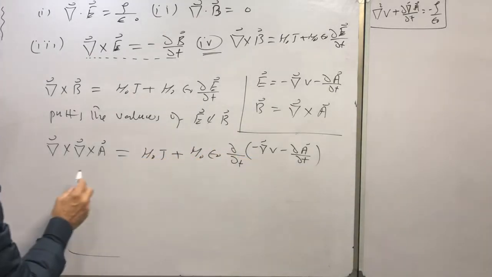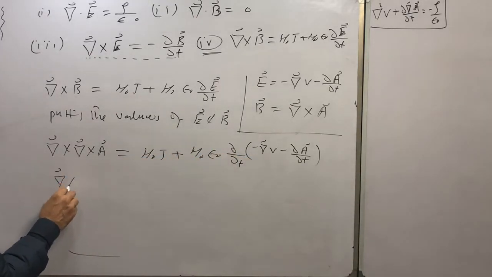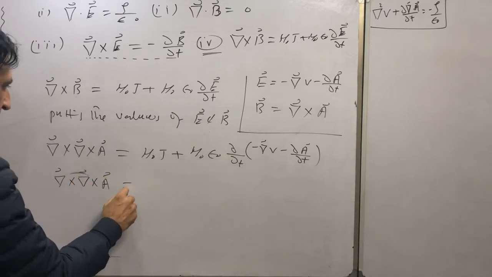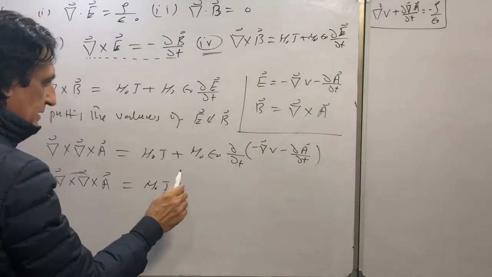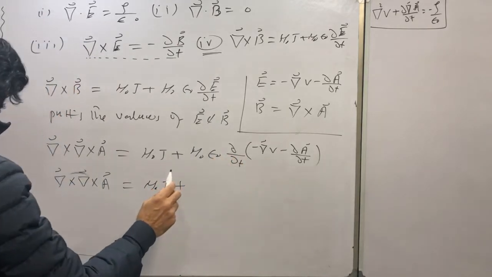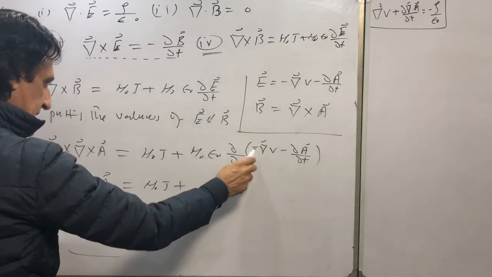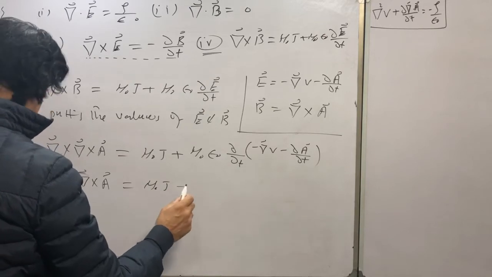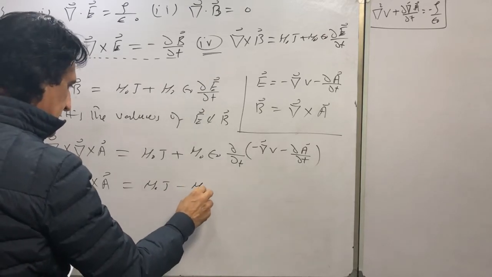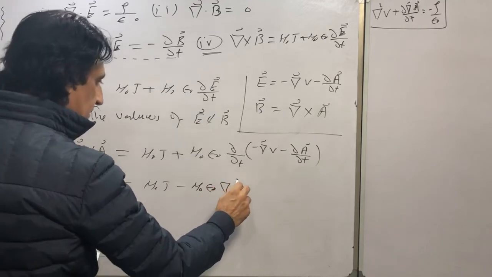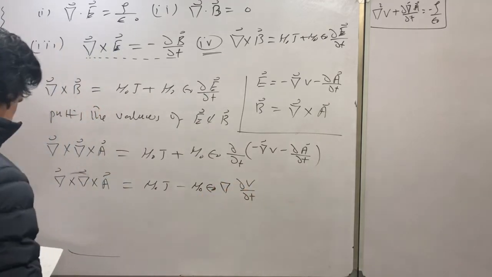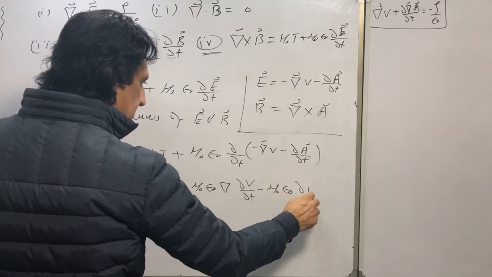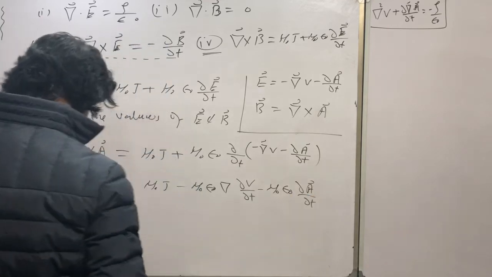After some simplification, del cross del cross A is equal to mu naught J, then minus mu naught epsilon naught del partial V divided by partial t, and minus mu naught epsilon naught partial square A divided by partial t square.